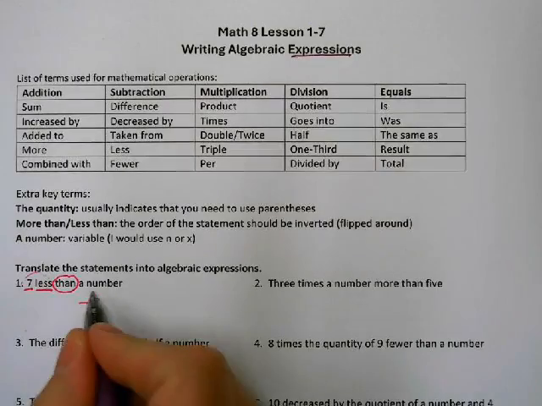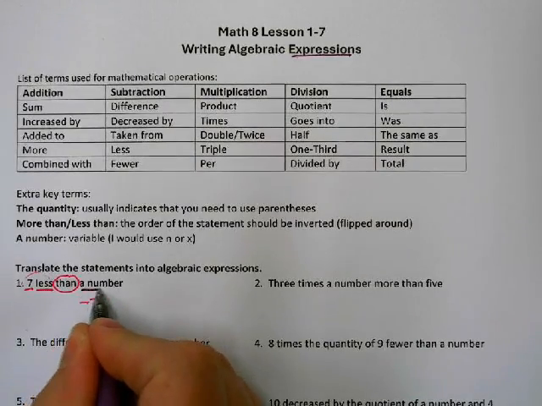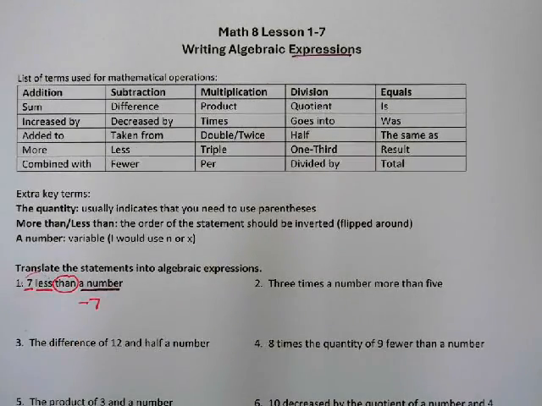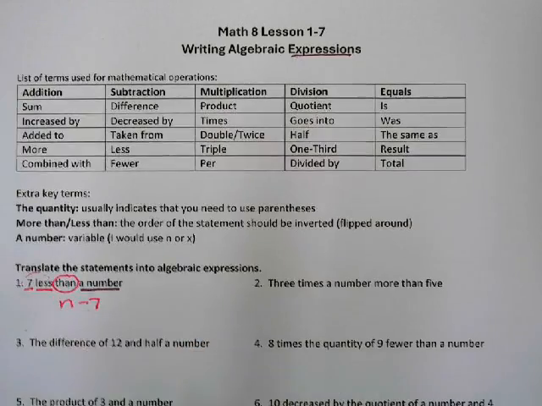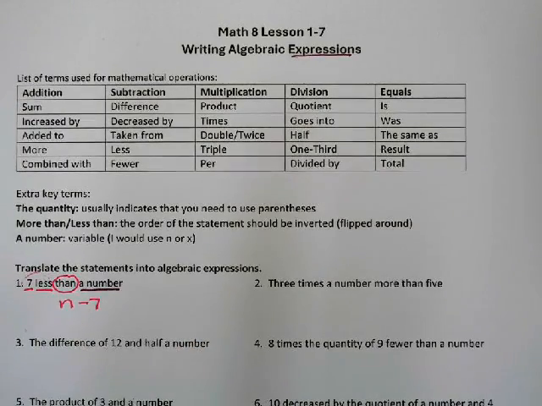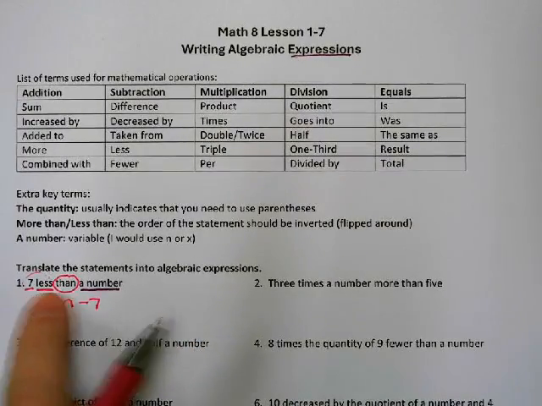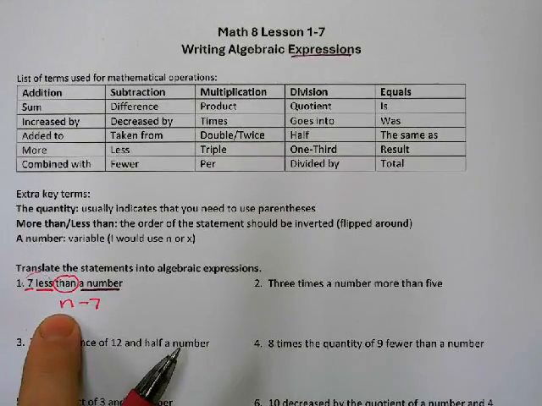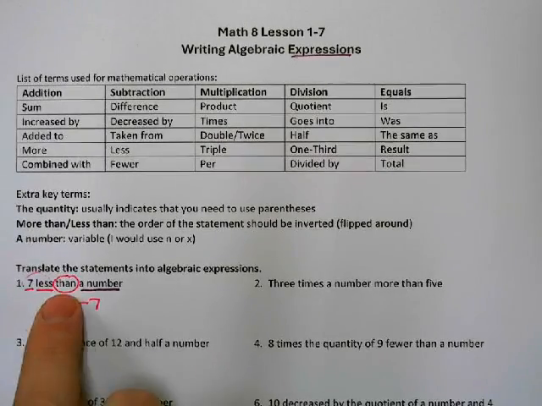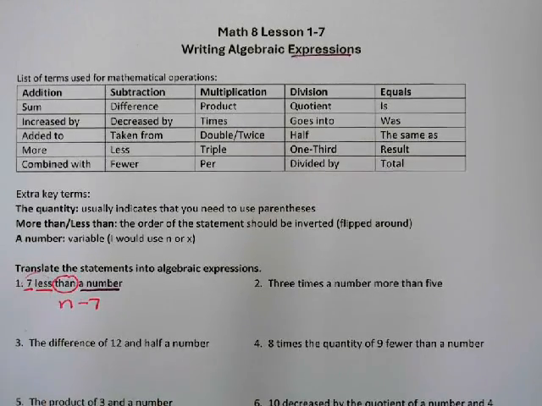It's going to be at the end of the problem. What's at the front of the problem? A number. So a number is like a variable of some sort. I'll just use n. I'm not a communist. All right, so I get n minus 7. 7 less than, put minus 7 at the end, and then a number, put the number at the beginning. So that just means the than, we're switching the order there.